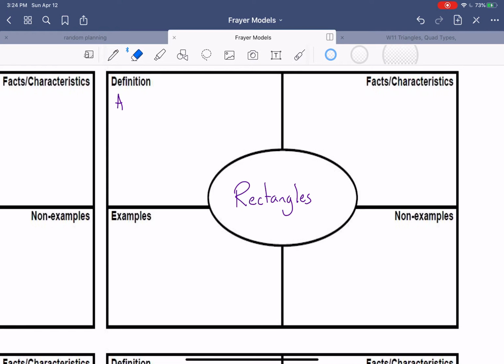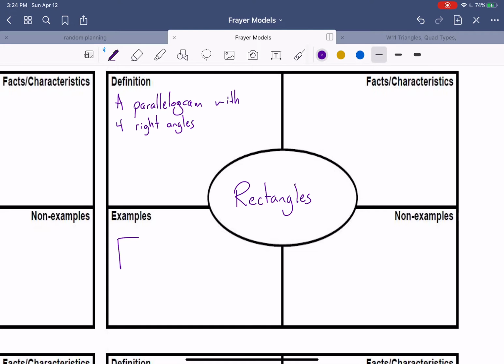Not a quadrilateral, a parallelogram with four right angles. So we're specifying that we for sure know that it's already a parallelogram and it has four right angles.